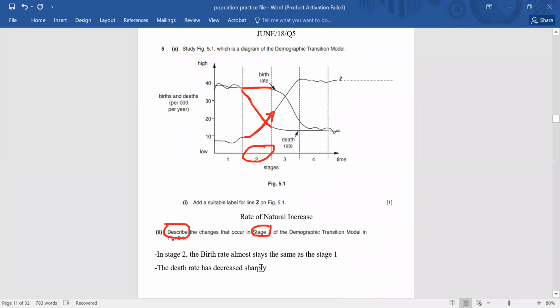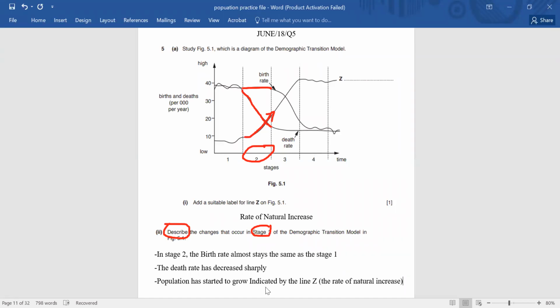Number 3, the population has started to grow, and we see the population growth indicated by the line Z, which we call the rate of natural increase.